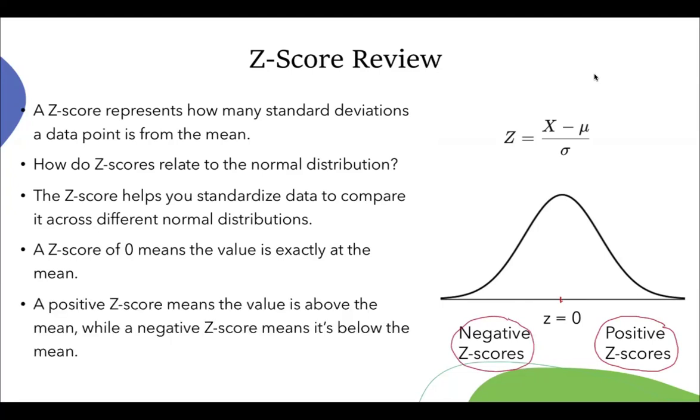And just to go back to the idea of standardizing data to compare it across different normal distributions, there was a homework question like this that asked you to look at two different distributions.